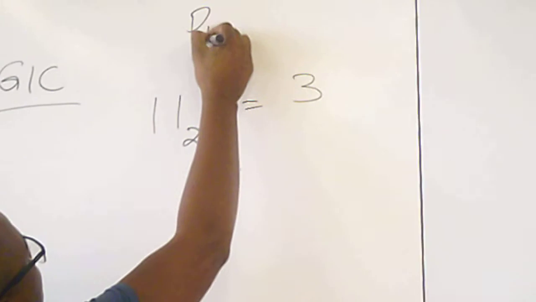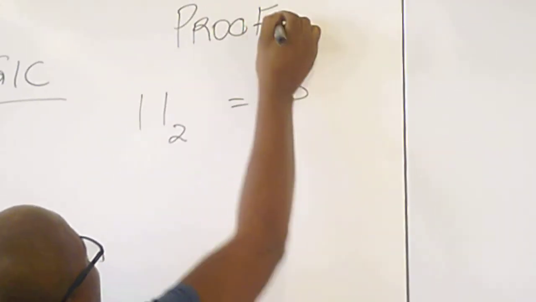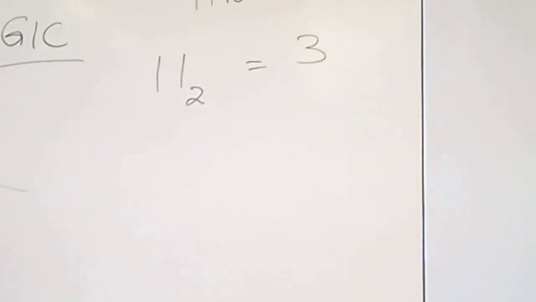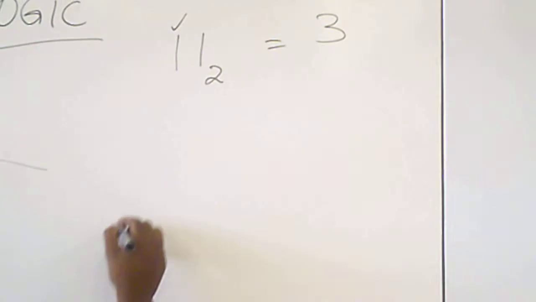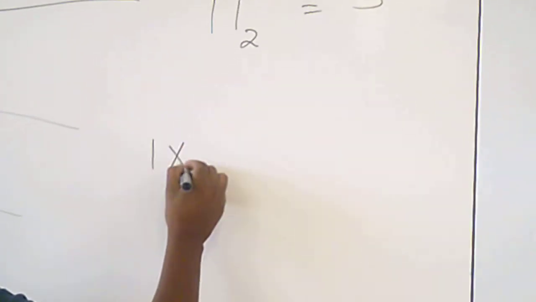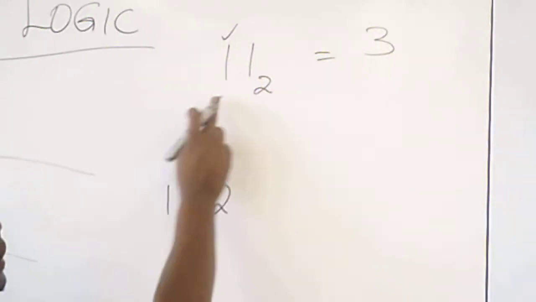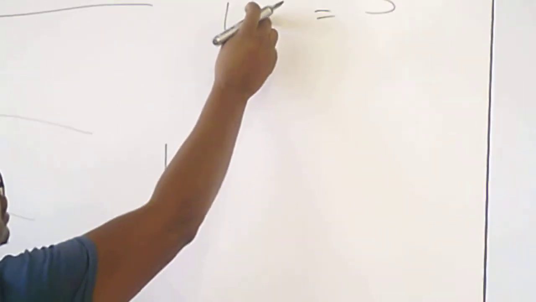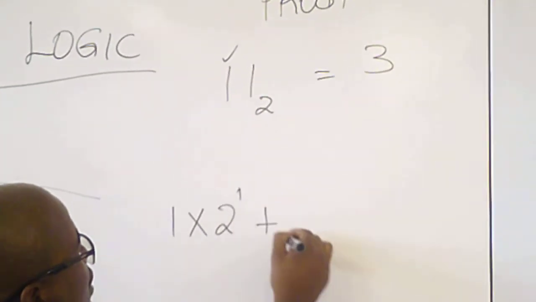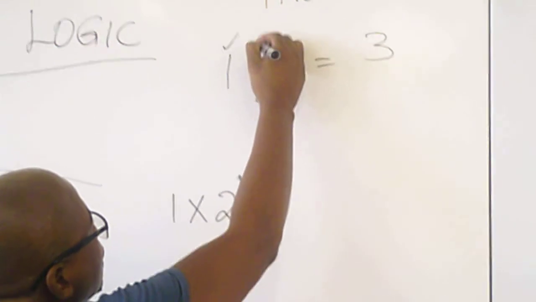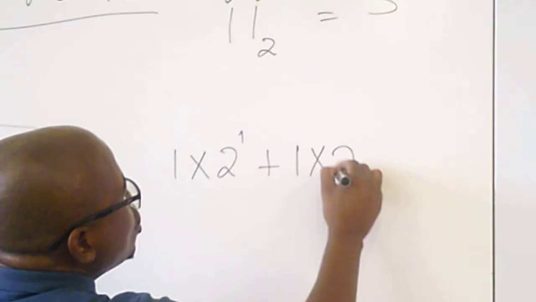Let's prove that. Now we take this one, put it here, multiply it by 2 to the power of the number that comes before it, which is 1. Then we add, you take this one, put it here, multiply by 2.